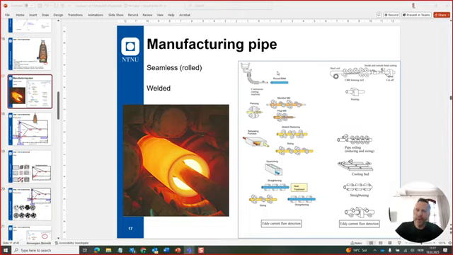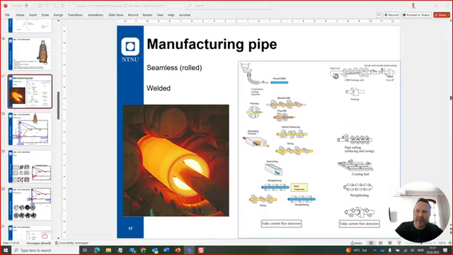Typically all casings, tubings, and liners, up until the size, let me see, it varies a little bit, but I guess you can get all the way up to 20 inch if my memory serves me correct. Seamless pipe up through and including 20 inch.